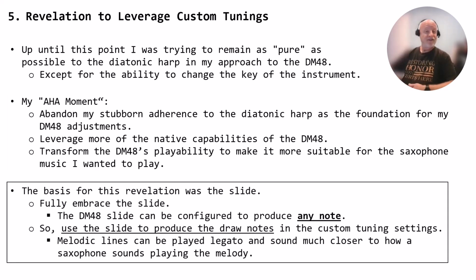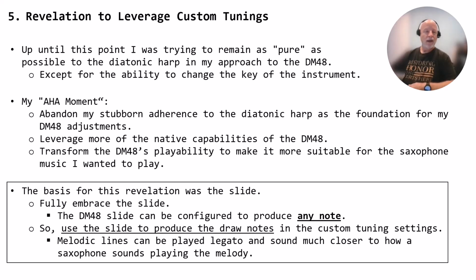The basis for this revelation was the slide, because I noticed I could get a more legato sound when I used the slide. So I'm fully embracing the slide. You should know that on the DM48, for each hole you configure the slide, and it can be any note.